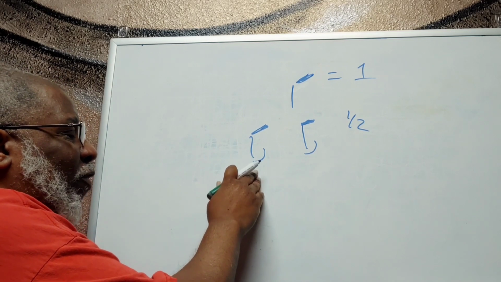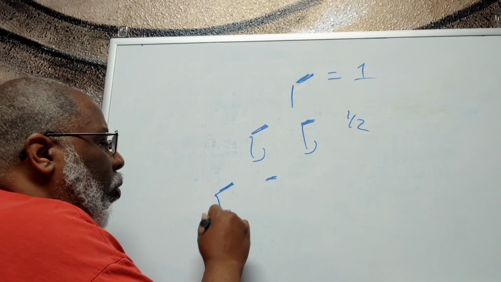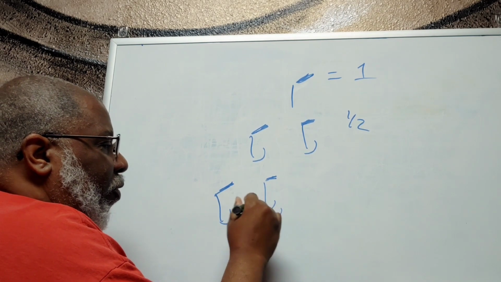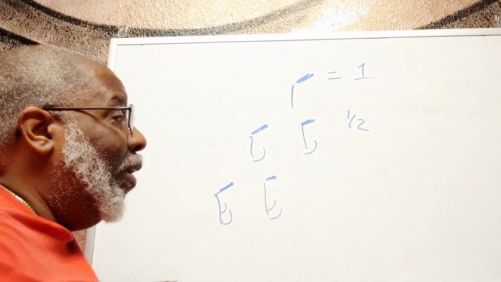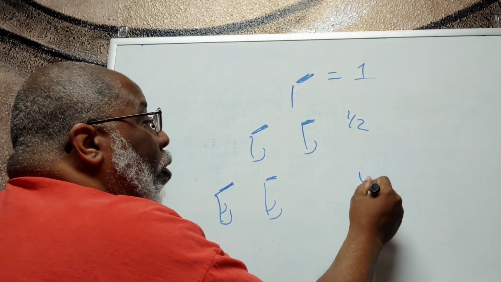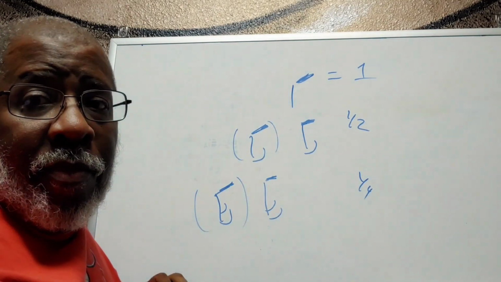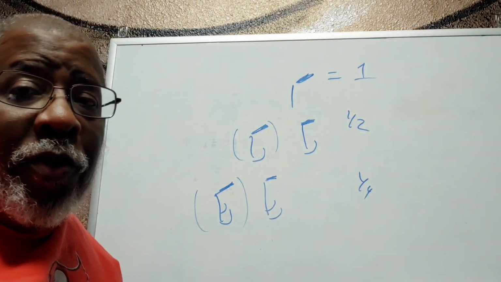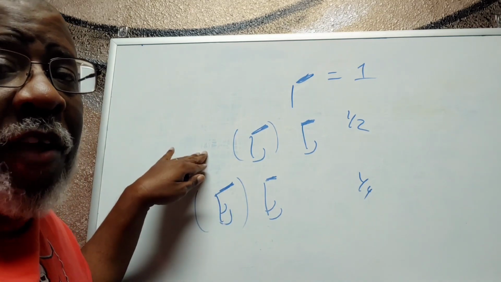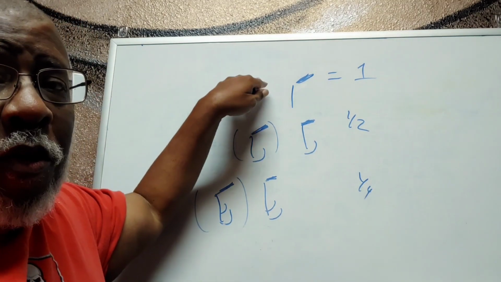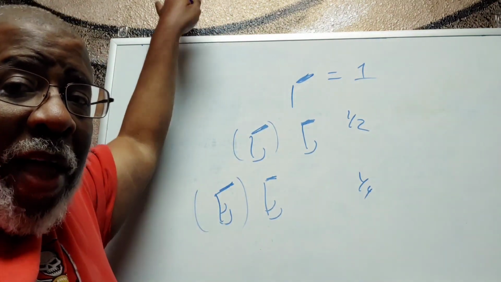If we chop our eighth note in half, we'll get 2 16th notes. Those are some of the worst drawn 16th notes in the history of man. And they'll get 1/4 count apiece. If I double the 16th note, I get an eighth note. If I double the eighth note, I get a quarter note. If I double the quarter note, I get a half note. If I double the half note, I get a whole note.